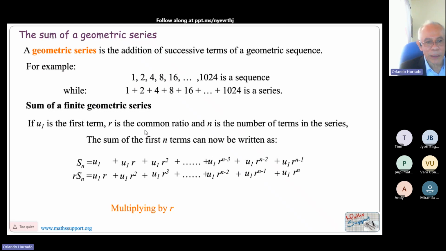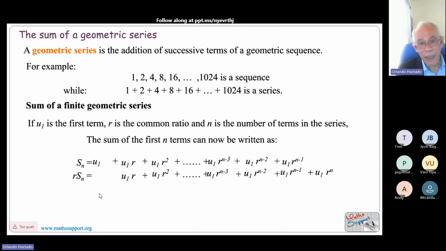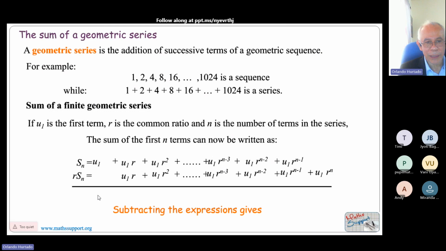After that, we are trying to derive a formula for the geometric series. This is what I'm trying to do with this slide, explaining visually how to get the formula that will help them in the future to work with any geometric series. So this is the next part of the presentation.